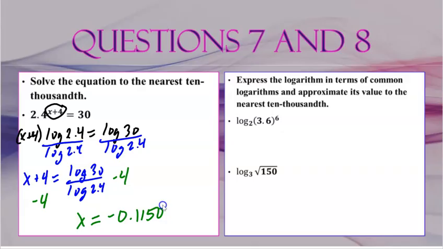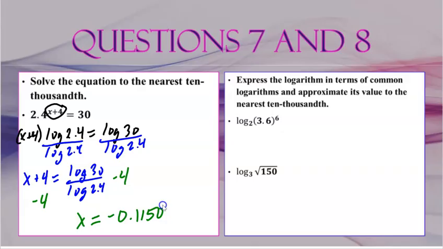That's to the nearest 10,000th place. Now, if you put it as negative 0.115, that is technically correct, but because they want you to round to the nearest 10,000th, to show that we round to the nearest 10,000th, we would put the 0 at the very end.